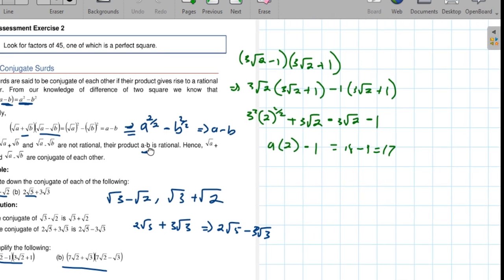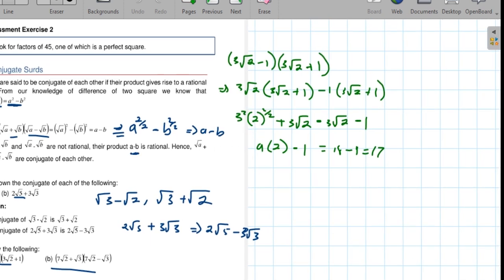I hope you understand that. Don't be confused with what we have here. It's just saying we have 3 root 2 squared. That is what it means. So if this is what we have, then this 3 we have that squared, which is 9.